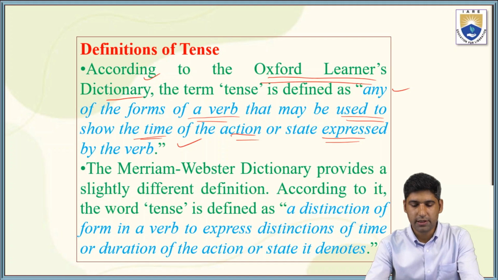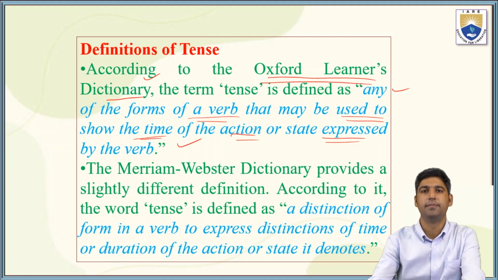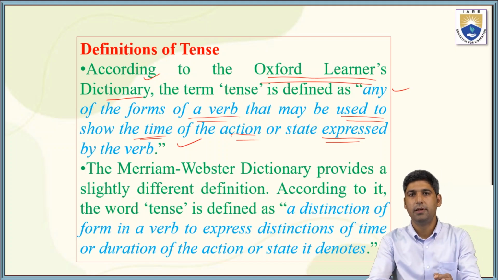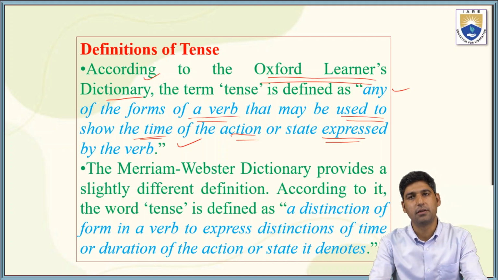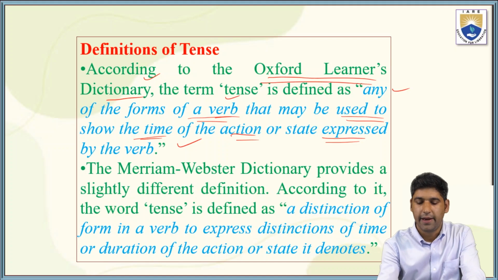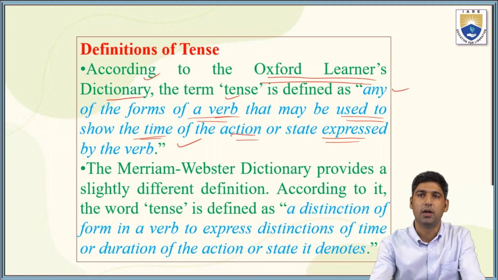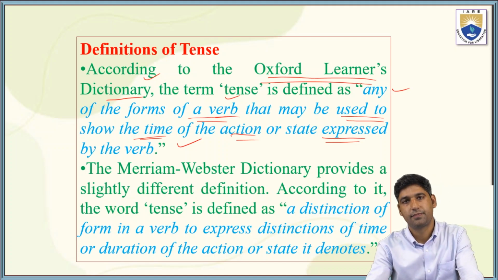So it means any of the forms of verb that may be used to show the time of the action or state expressed in a sentence by the verb. The Oxford Learner's Dictionary lays stress on the form of verbs.